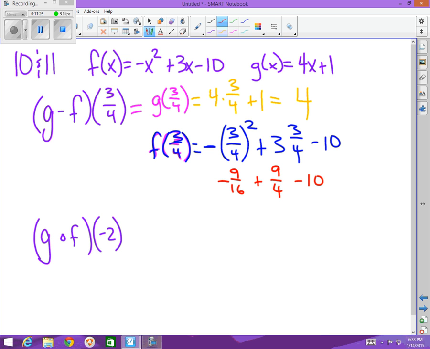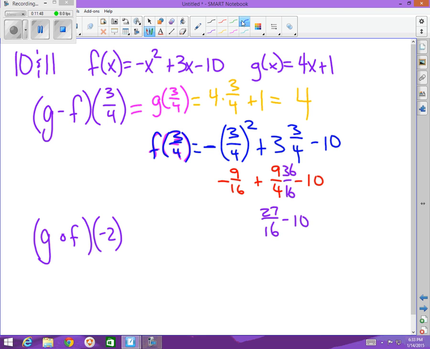Okay, and then you got to add all that up, and if you need to use your calculator, I suppose you can. But this then would have to change to 16, and if you get that to 16, that becomes 36 over 16, and 36 over 16 and a negative 9 over 16 is 27 over 16 minus 10.